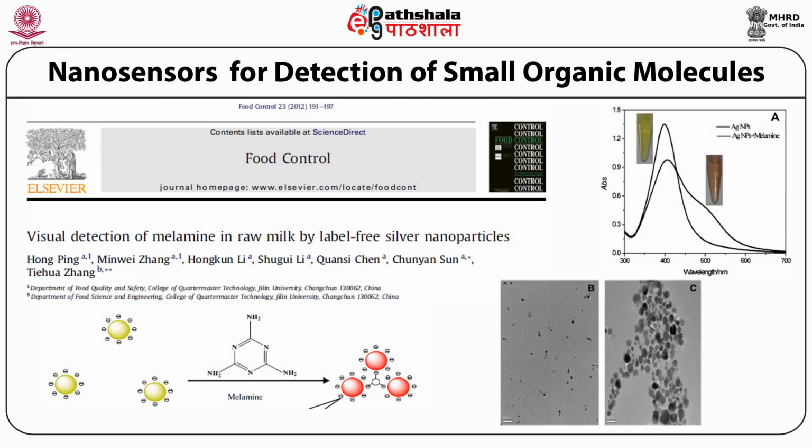The TEM images depict the same. The image labeled B shows the silver nanoparticles without the presence of melamine, and C shows the silver nanoparticles in the presence of melamine, which is leading to agglomeration.